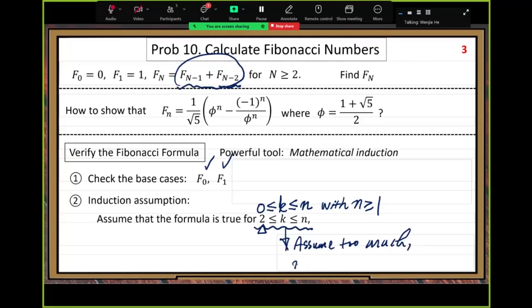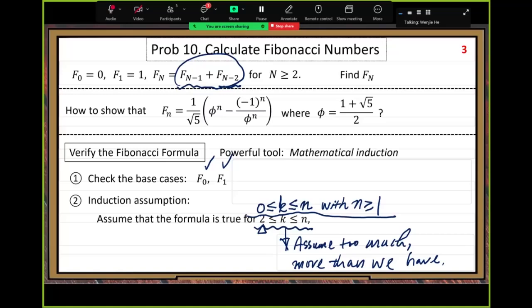More than we have. Okay? What do we have? We can assume this much, because we verify 0 and 1.